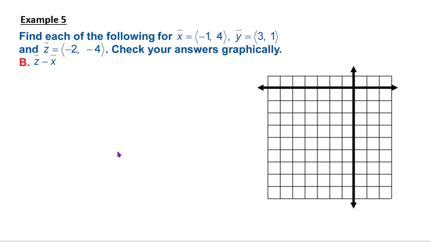Okay, on this one, I need to do z minus x. So now all I'm doing is subtracting. It's all I'm doing here, people.